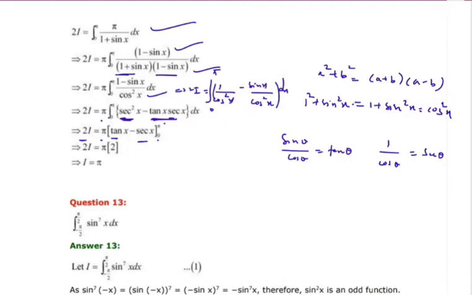So I equals 2 pi by 2, the 2 gets cancelled. Finally the value of I is pi, right? Already you know the standard angles: tan pi, tan 0, sec pi and sec 0.